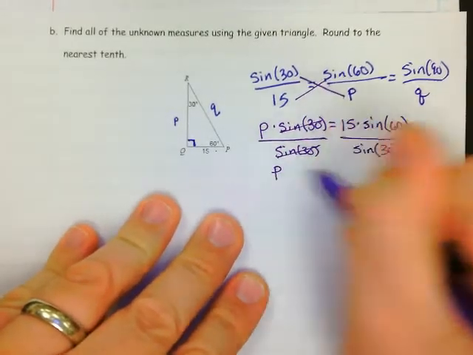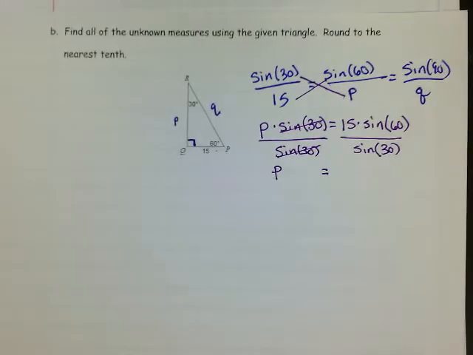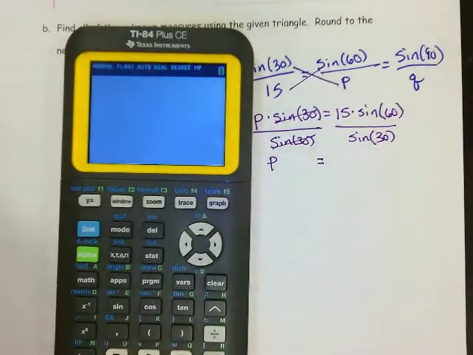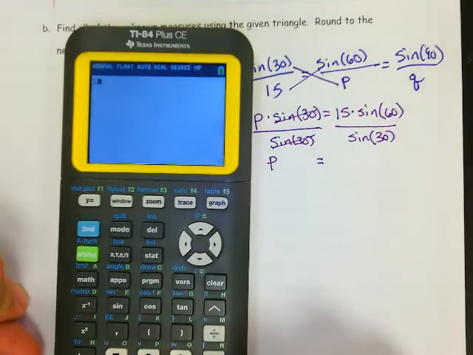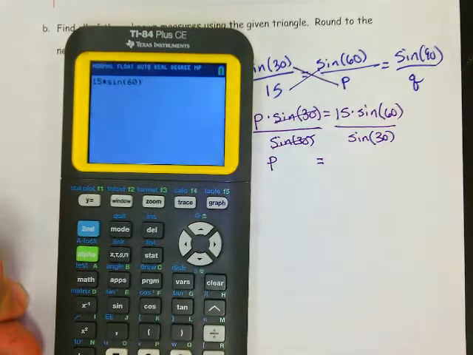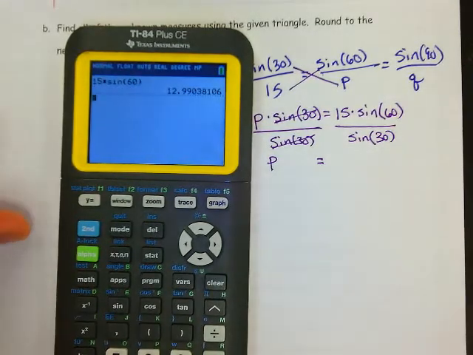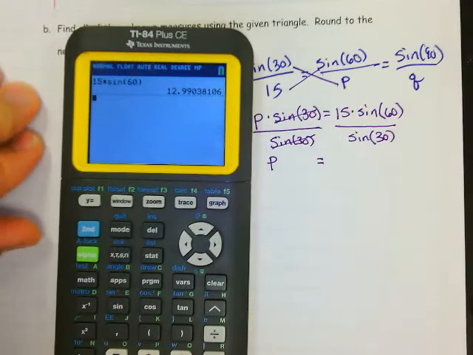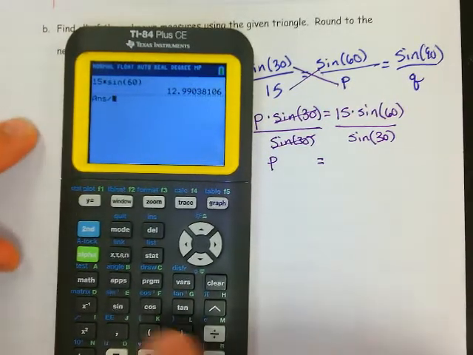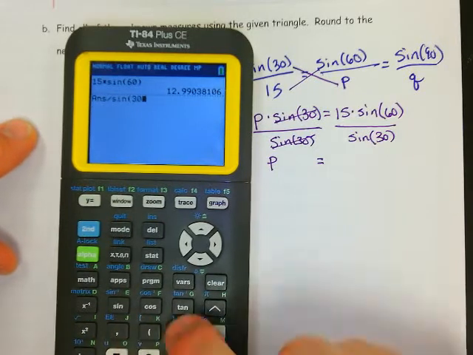Those sines of 30 cancel out, and I've got P equals, okay, it's calculator time, and I'm OCD, so I'm going to clear my calculator out here. I'm going to do 15 times the sine of 60. That's my top. I've got 12.99 repeating, or whatever. Take that result and just hit divide, which is the previous answer. Divide by the sine of 30.